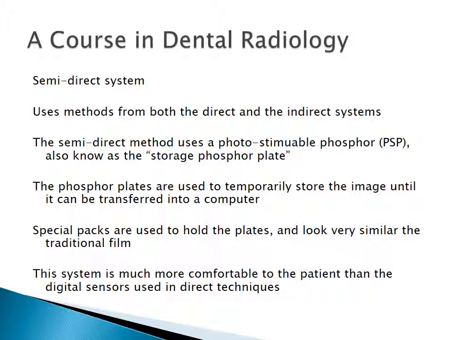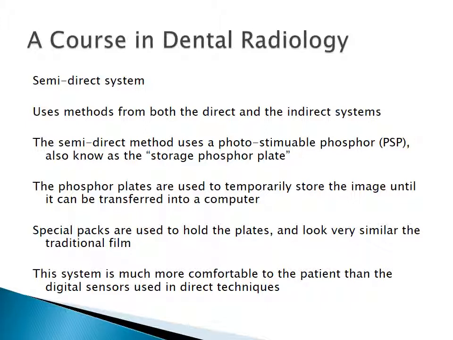Your semi-direct methods, this used to be the most common method out there, where the doctor's office would be using a photostimulatable phosphor plate, or a PSP plate. These would store a temporary image of whatever the radiograph is. They'd use packs to hold these plates.